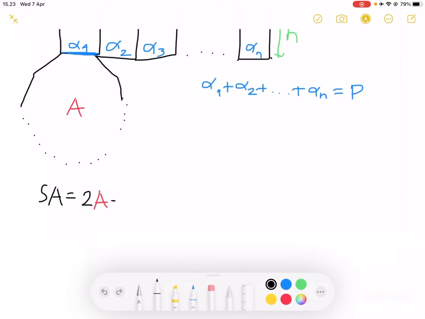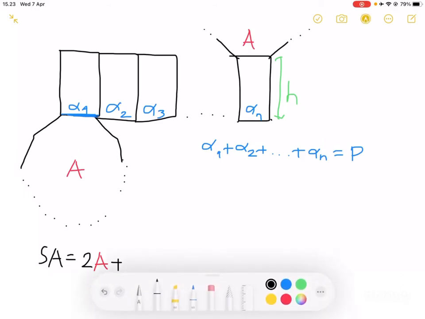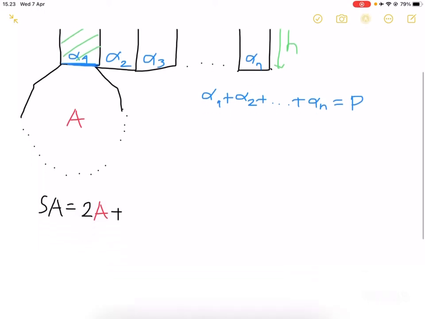And we need to add the areas of the rectangles, which will be the sum of the areas of the rectangles. Well, let's just look at this. So the area of the first rectangle has width alpha 1 and height h. So that will be alpha 1 times h.